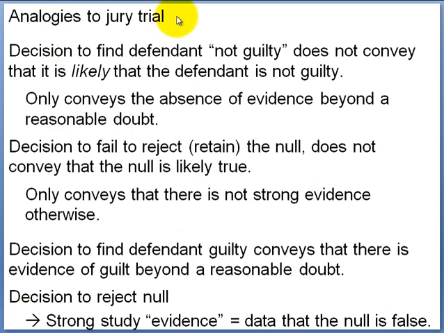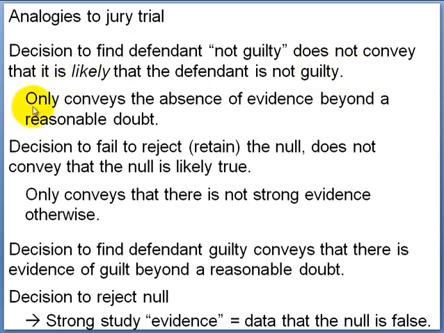Analogies to a jury trial can help you get the feel for the meaning of a decision to fail to reject, which is to say retain the null. In a criminal trial, a decision to find the defendant not guilty doesn't convey that it's likely that the defendant is not guilty. This conclusion is too strong.